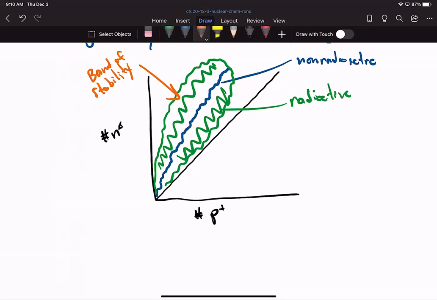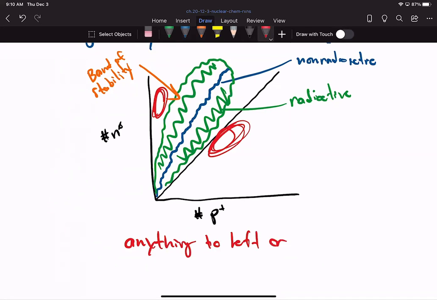So anything to the left, anything to the right. I'm going to write that down. Anything to the left or right of the band will decay into another nuclei that's in or closer to the band, right?